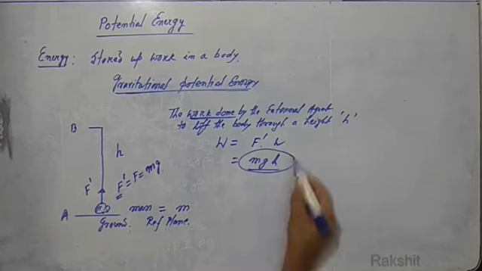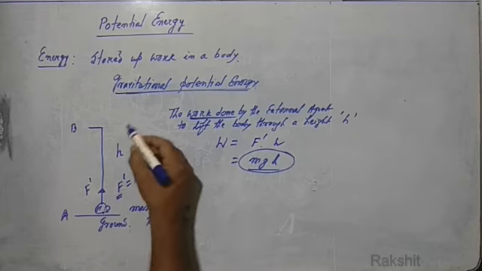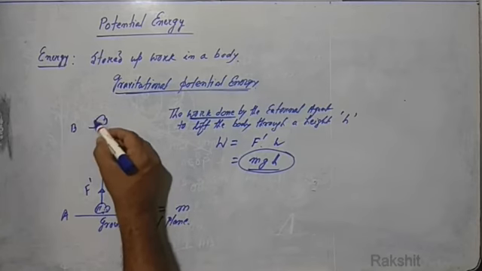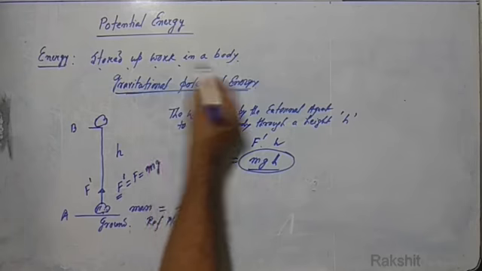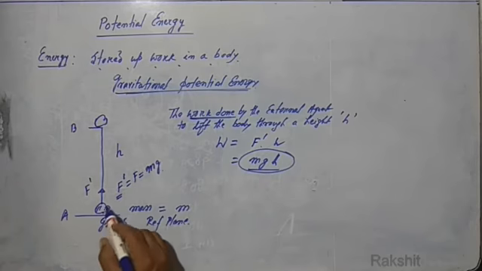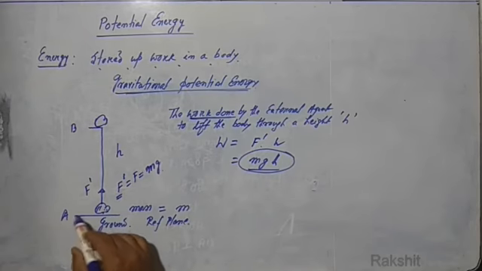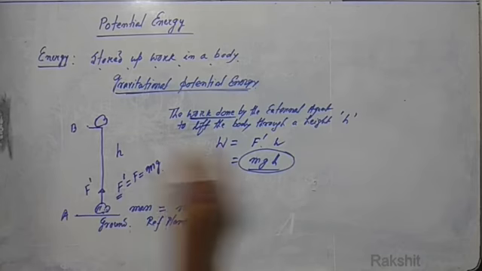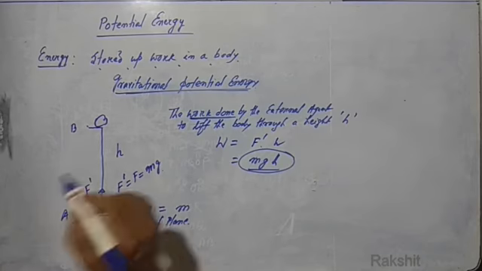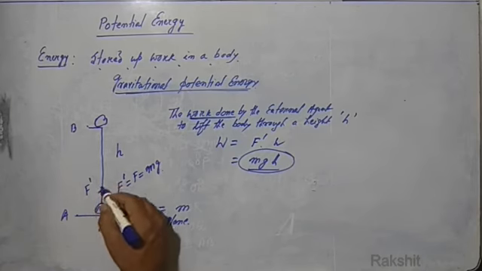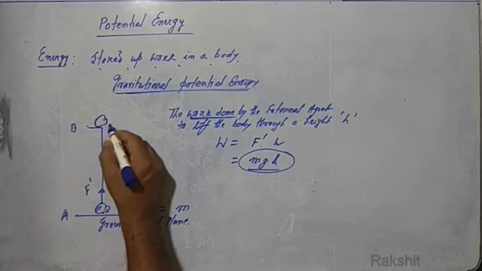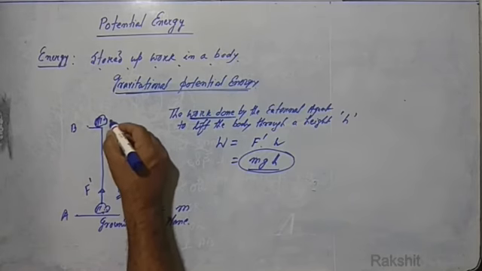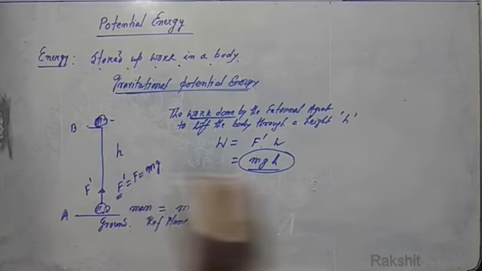So this amount of work, mgh, is stored up work in the body. When the body is being lifted from point A to point B by an external agent, the work is done and this work is stored up in this body, and the amount of work is equal to mgh.